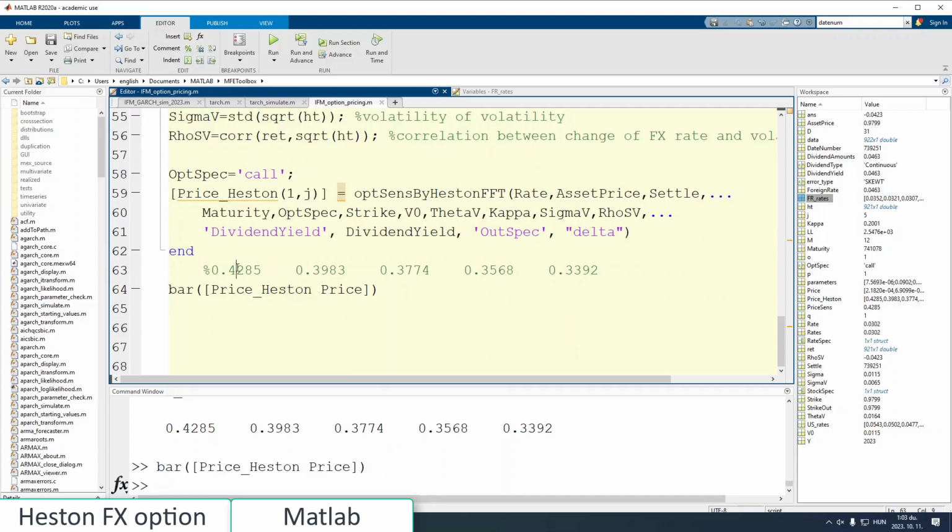My greatest concern here is that the price Heston is way too big, so practically for buying a call option, we have to pay nearly the same amount of currency as we're supposed to. So this is too big.